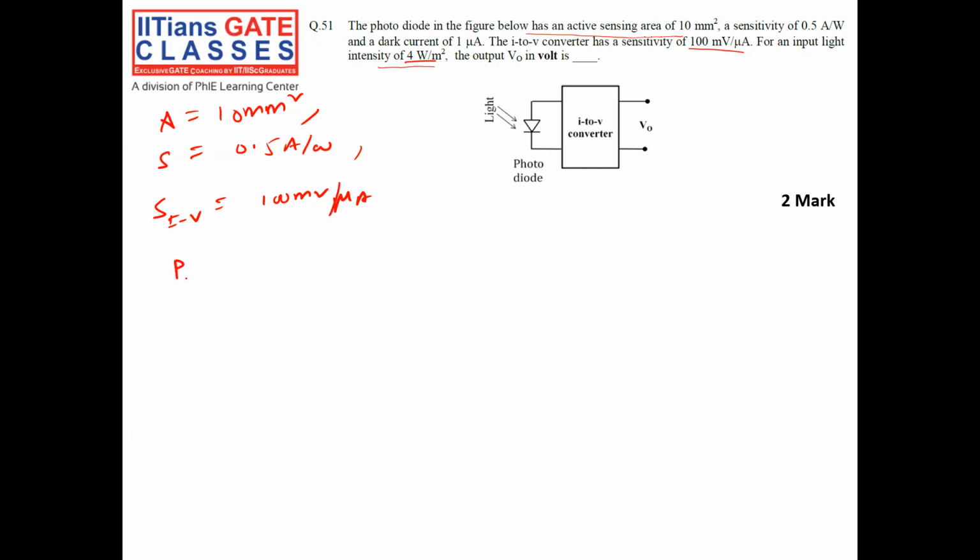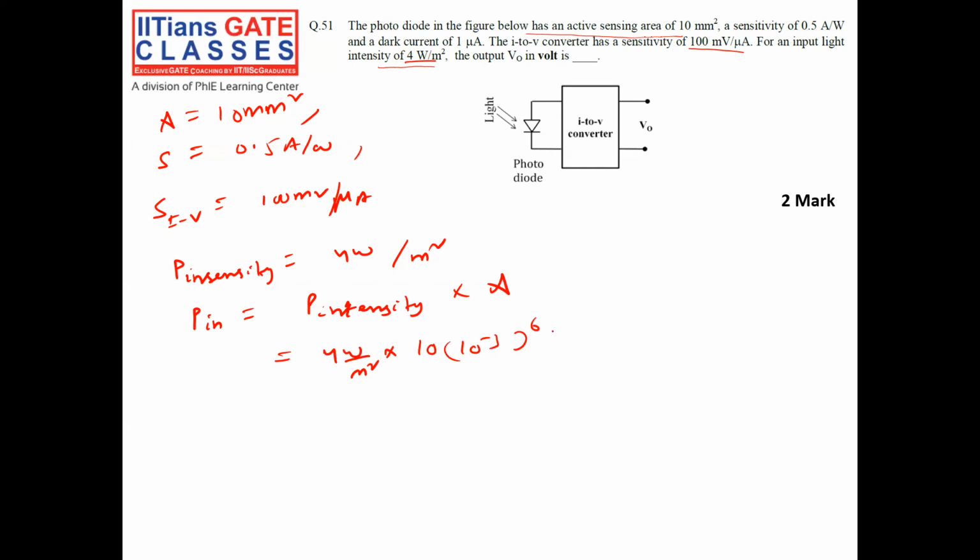So the input intensity is given as 4 watt per meter square. What is the power input? Power input is intensity into the area. What is the area? Area is 10 mm square, so 10 power minus 3 the square, right? So I got 40 microwatt as my input power.